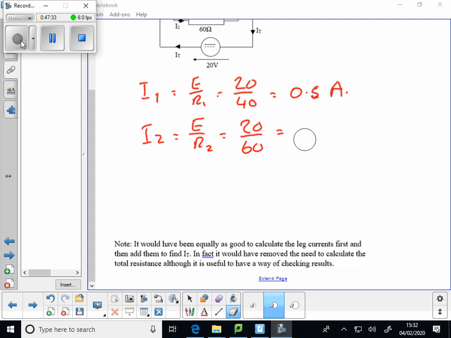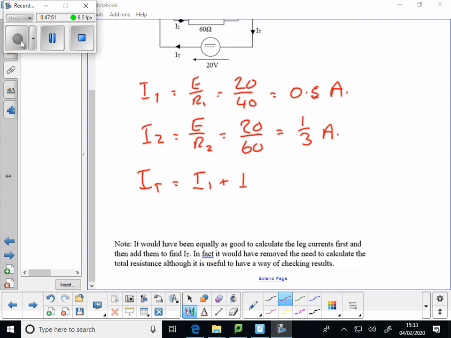0.3 recurring is... I keep doing that now. A 0.5 and a third. Yeah, you can't do 0.5, that's kind of when it starts to come unstuck.